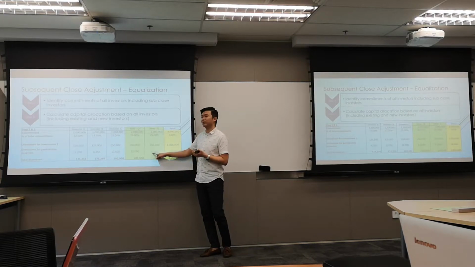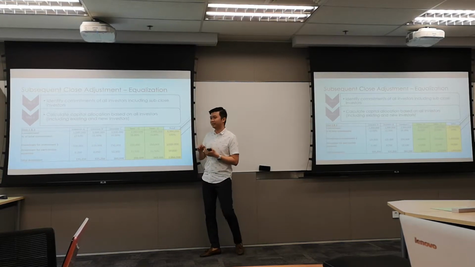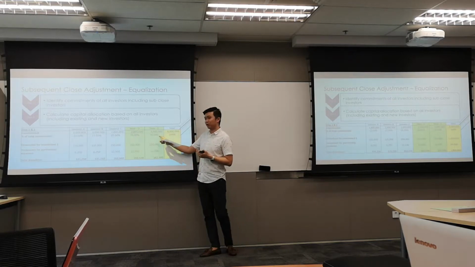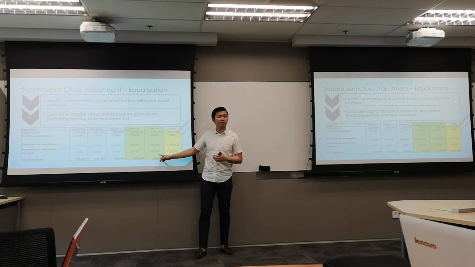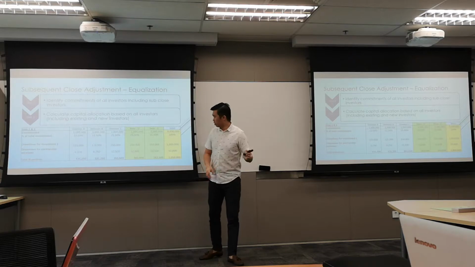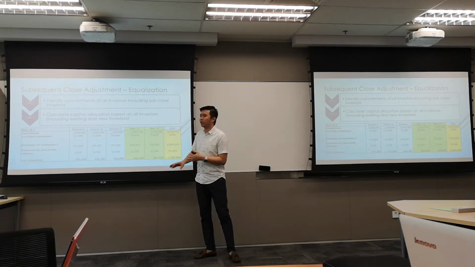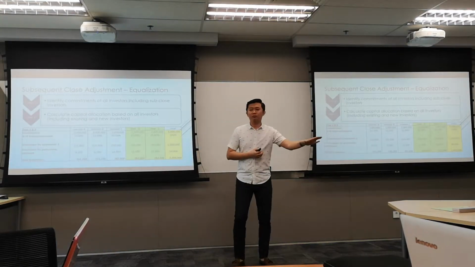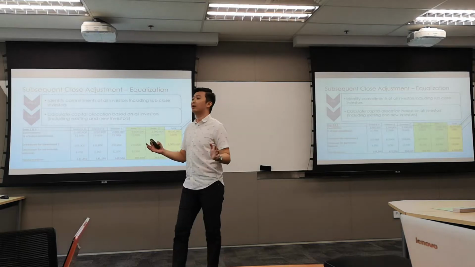Not really. 12,500. Because it's 50,000 times 25%. 12,500. So this is the table that you will see as if all of you came in on day one.